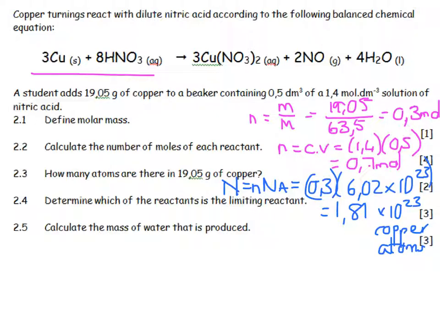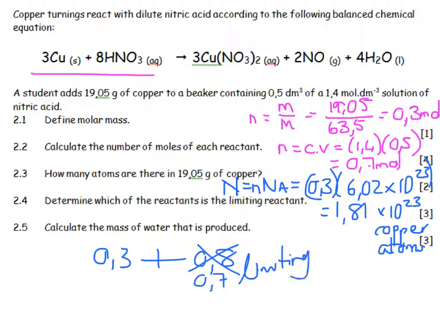Determine which is the limiting reagent. 0,3 moles of copper should need 0,8 moles of nitric acid. But I don't have 0,8, I've only got 0,7. So that is going to be limiting, and that is my nitric acid that is limiting.